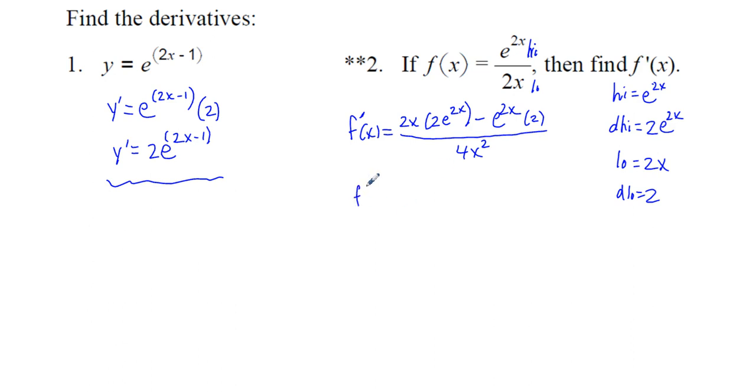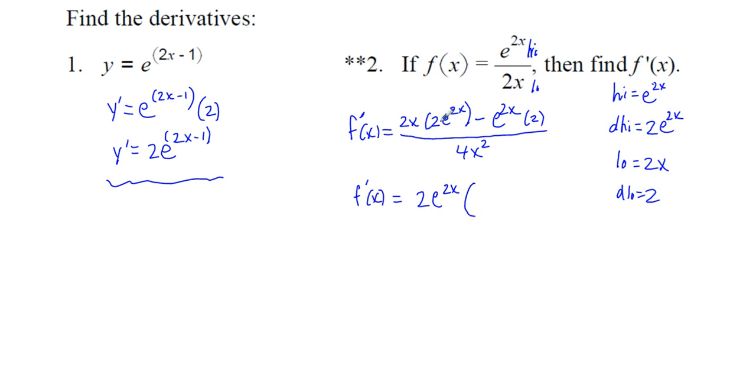So just simplifying a little bit, we have a factor of 2 in each case, and we're also going to have e to the 2x, aren't we? Yeah, so we can factor more stuff out of here. So we have 2e to the power of 2x, and what do we have left here?